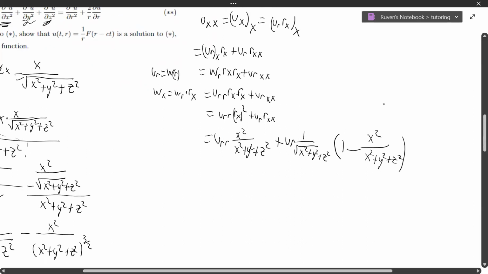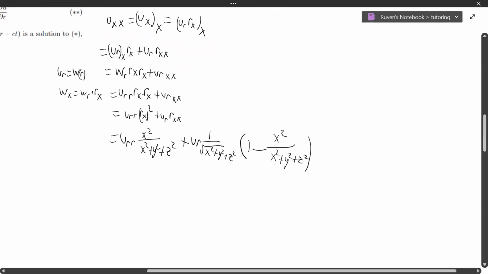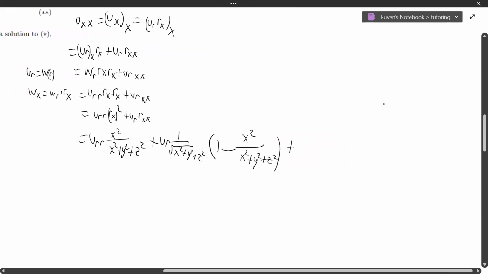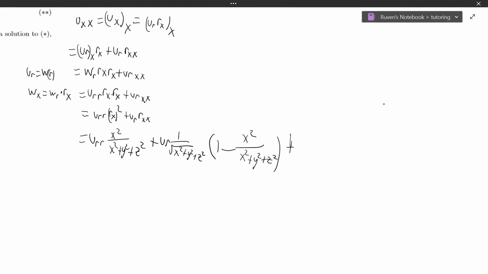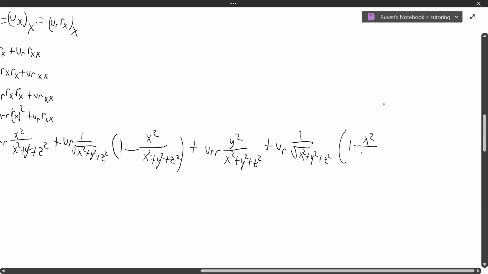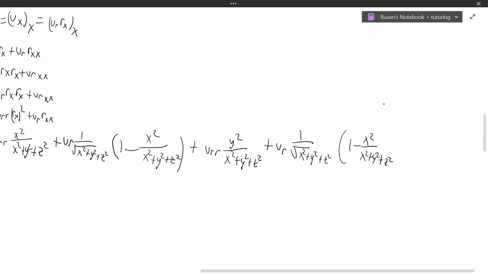So then if we add all of them up, we'll be able to factor out, because again, if I write all of it out, here's what's going to happen. We're going to get URR squared, x squared plus y squared plus z squared, plus UR 1 over the root of x squared plus y squared plus z squared times 1 minus x squared over x squared plus y squared plus z squared.